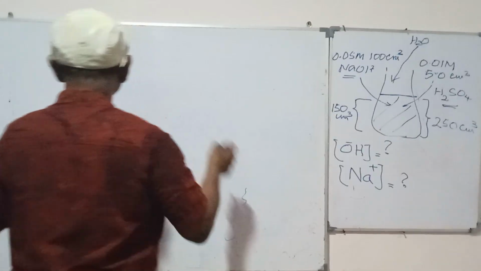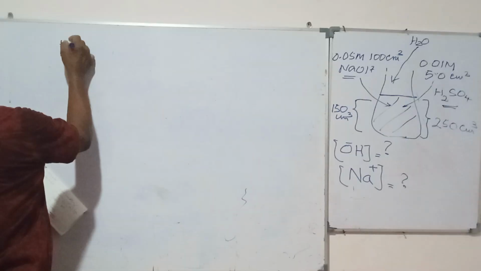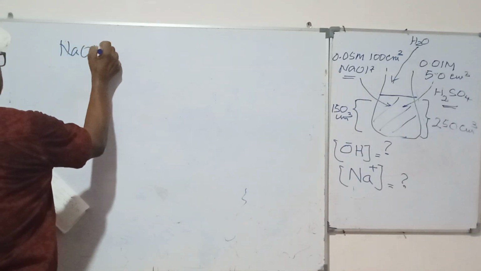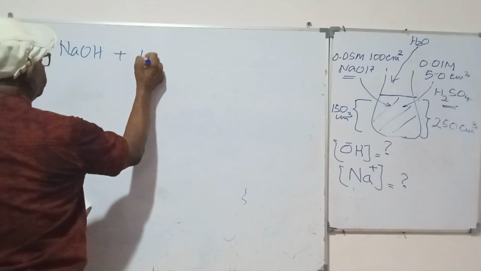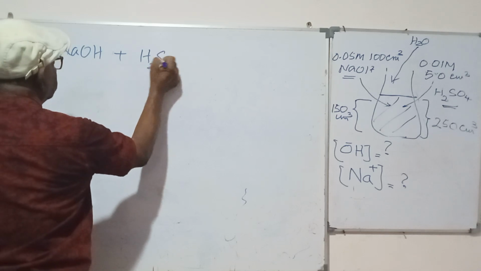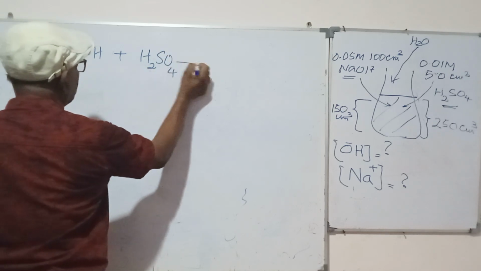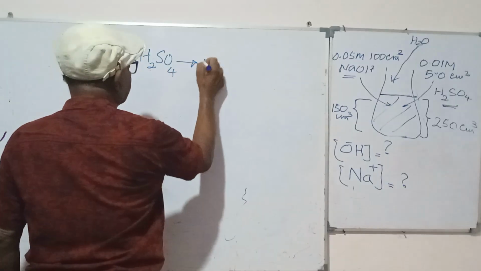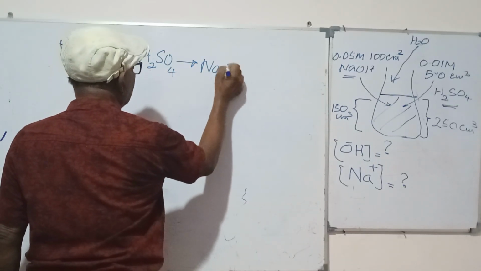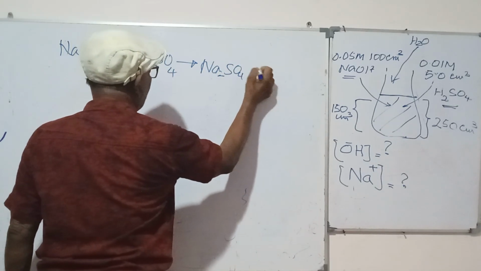Right? Then NaOH plus sulfuric, H2SO4, to give Na2SO4 plus water.